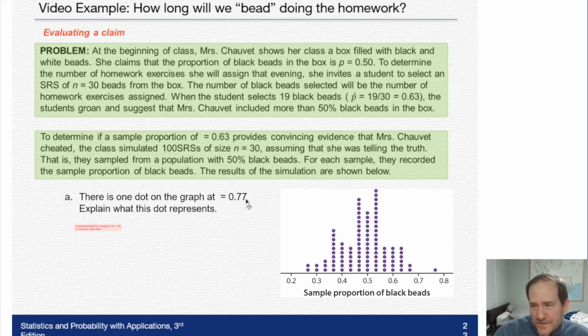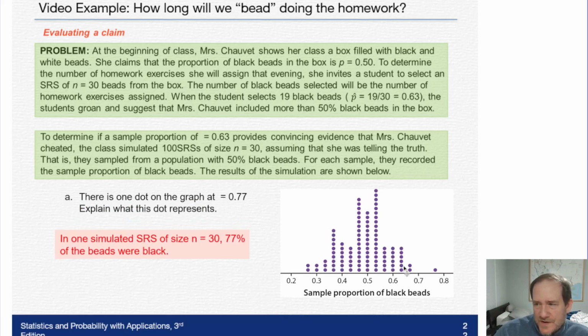That 0.77 represents the fact that in one of our simple random samples of size 30, the proportion of black beads chosen was 77%. Here it's worded by the textbook a little differently from how I worded it, but basically what you want to say is that one dot represents that in one of our simulated simple random samples of size 30, 77% of the beads were black. That's the meaning of that number. So just make sure you can put that into words.